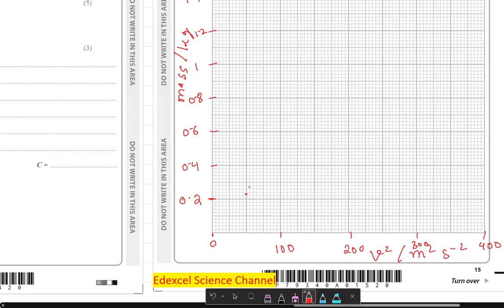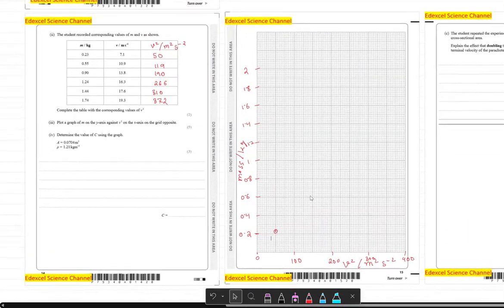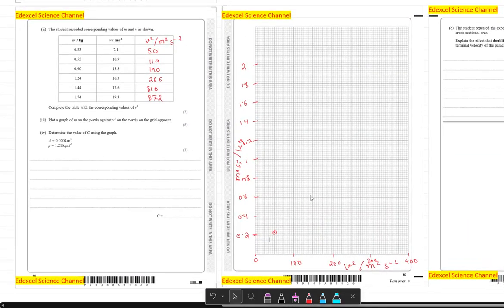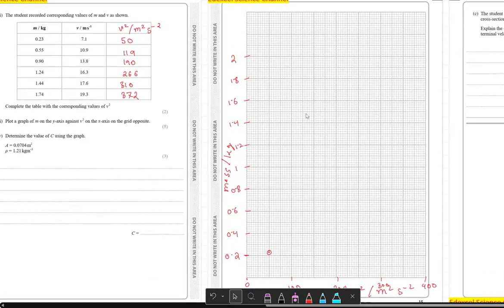See, reading the y value is much easier. If you read the y value in the beginning and then the corresponding x value, it's better. You can also do the other way around. You can read the x value first and then move up to find the y value, whatever you are comfortable with.